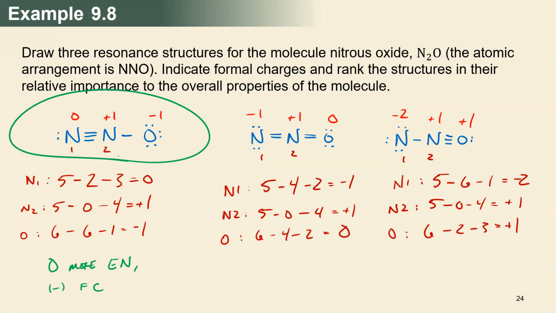And so this is the best structure. If this were a question asking you to draw the best Lewis structure for nitrous oxide, you would not have to draw all 3 of these resonance structures because it's clear that only one of those is the best resonance structure for N2O.